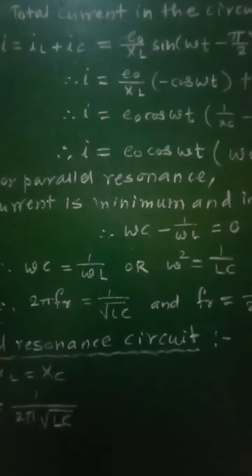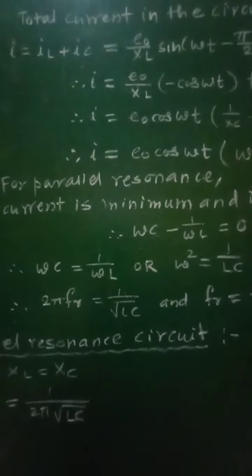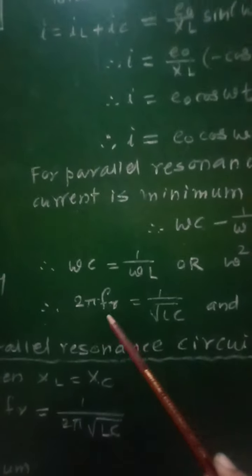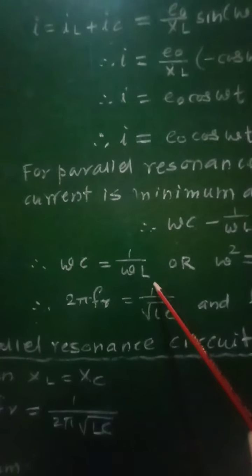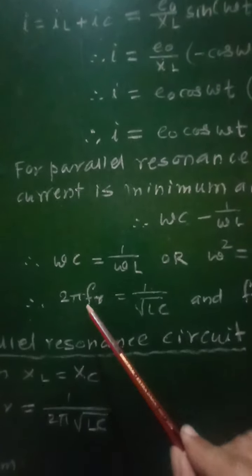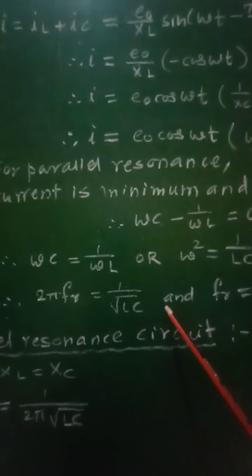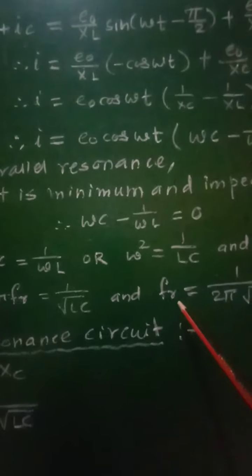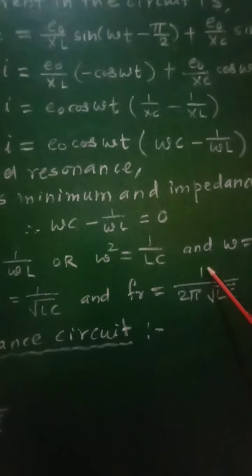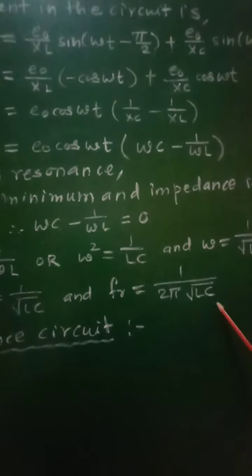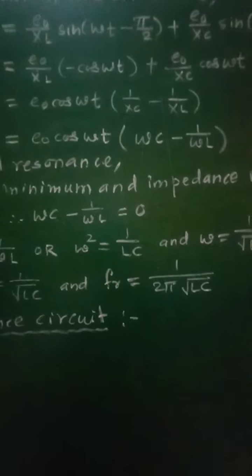If Fr represents the resonant frequency, then we can write 2 pi Fr equal to 1 upon root LC, and therefore the resonant frequency Fr will be equal to 1 upon 2 pi root LC. So this equation represents the resonant frequency.